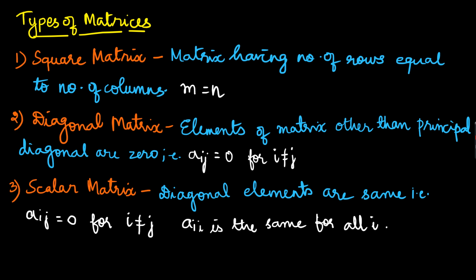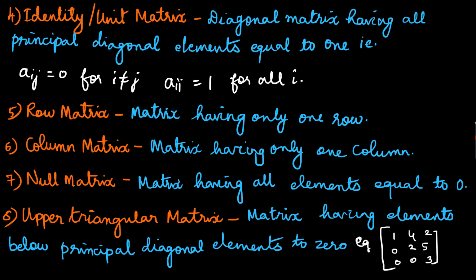Scalar matrix is also a diagonal matrix whose diagonal elements are the same. That is, the diagonal elements can be 5, 5, 5 or 1, 1, 1 or 2, 2, 2. They will be the same. Identity matrix or unit matrix is also a diagonal matrix whose diagonal elements are equal to 1 and all other elements are equal to 0. And row matrix is a matrix having only one row.